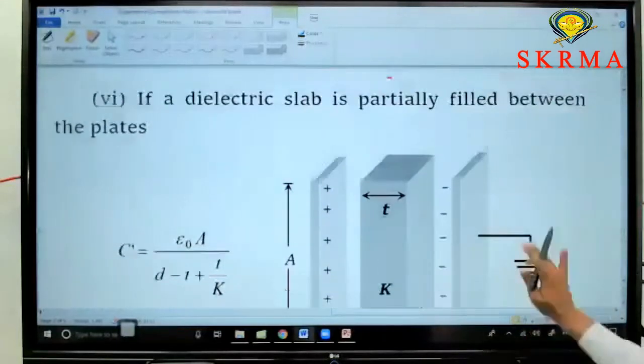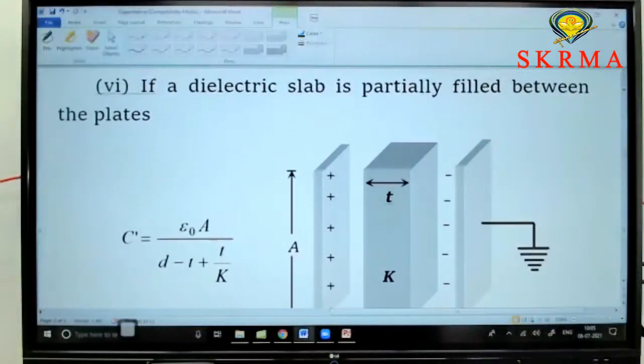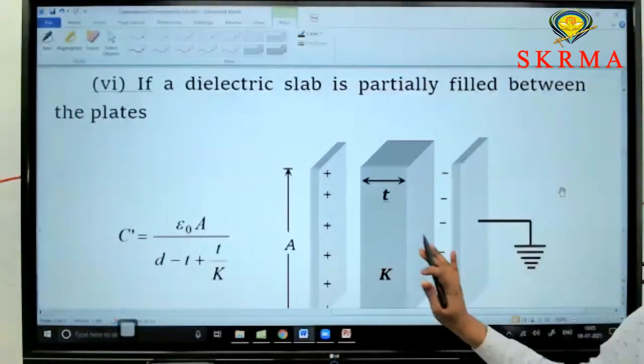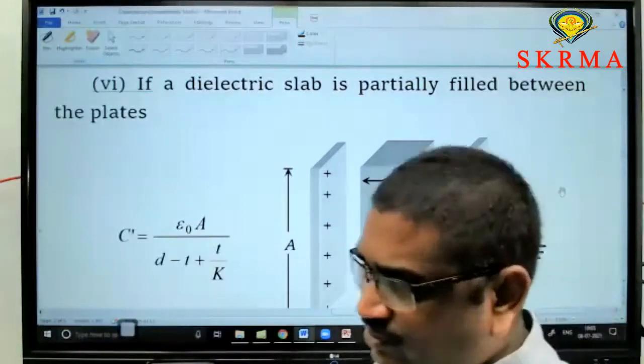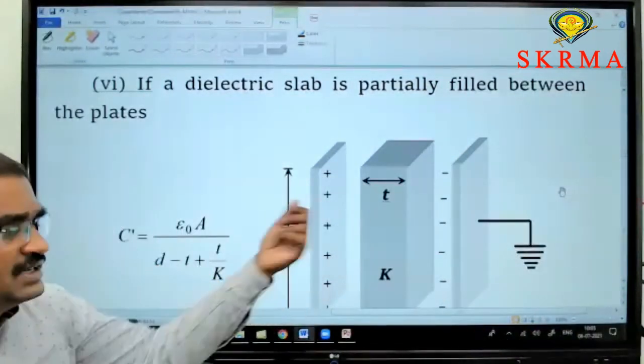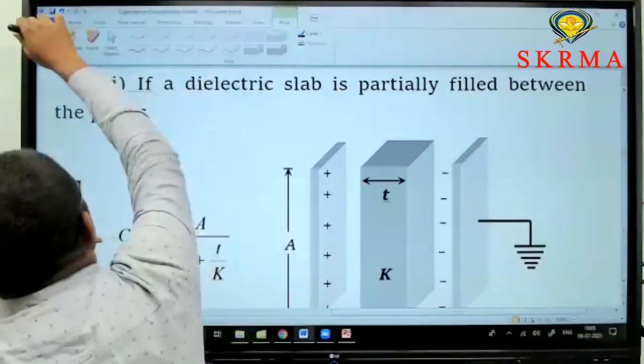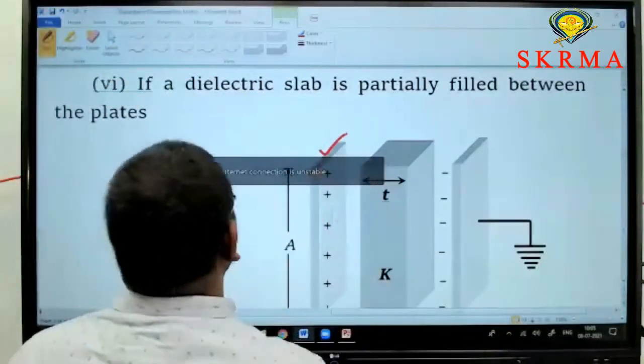Next topic is that one only. Here, if a dielectric slab is partially filled, that means some space is left between the capacitor plates. So here, just check this diagram. This is one plate, this is the other plate.